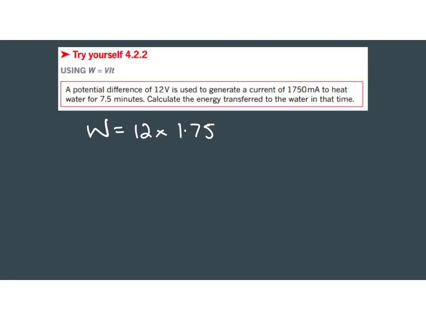But 1 amp is quite a lot of current, and therefore we use milliamps quite often in practical situations. And 7.5 minutes, so that's going to be 7.5 multiplied by 60 to get it into seconds. And when you put all this into the calculator, you will get 9,450 joules.